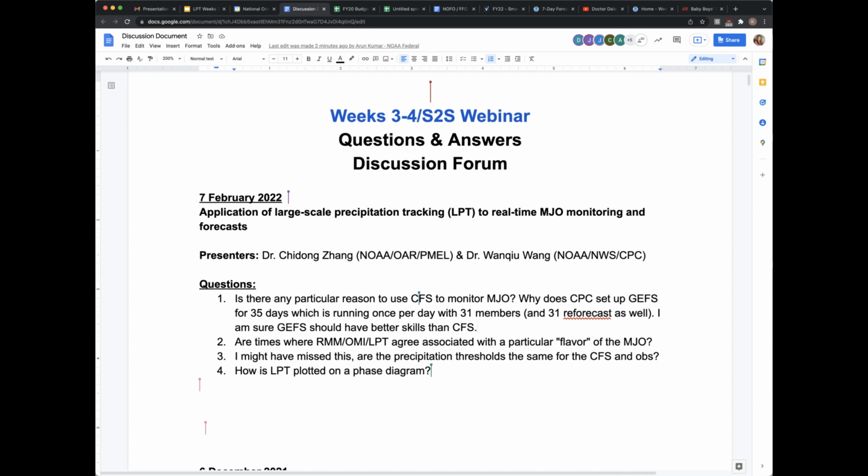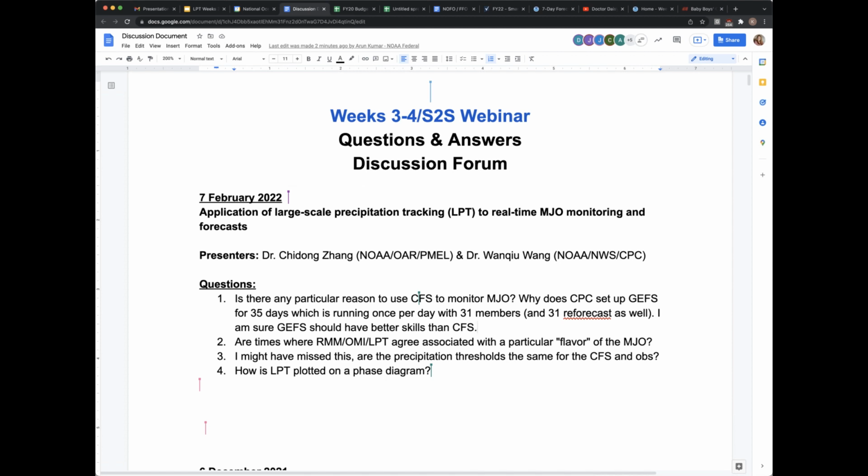So if there is a larger scale precipitation that gives you a global scale pattern of RMM, these two will match. LPT and OMI is the same thing. If somehow LPT is somewhere and it does not project on the global EOF number 1, number 2, it will not match OMI.